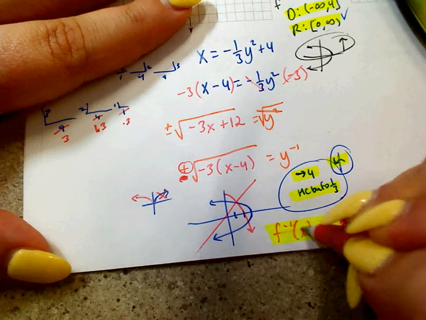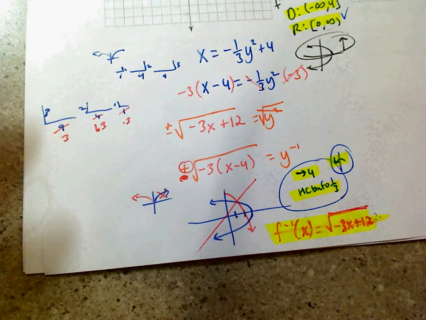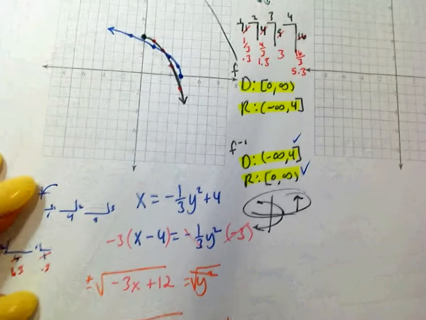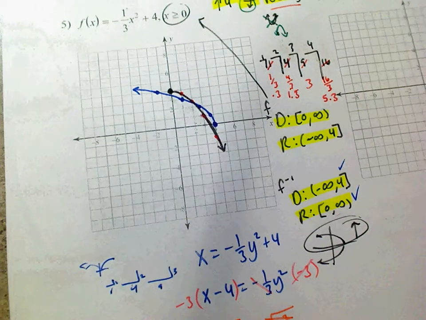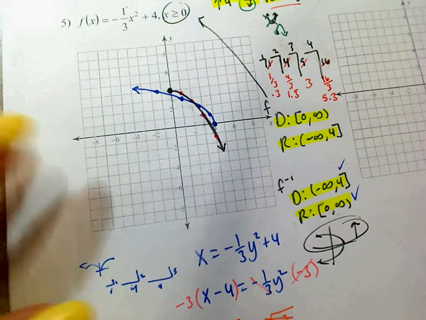Okay? And remember, you should always be able to check and draw the diagonal, and if it is a reflection across the diagonal, then it is promising that you drew the right inverse function.